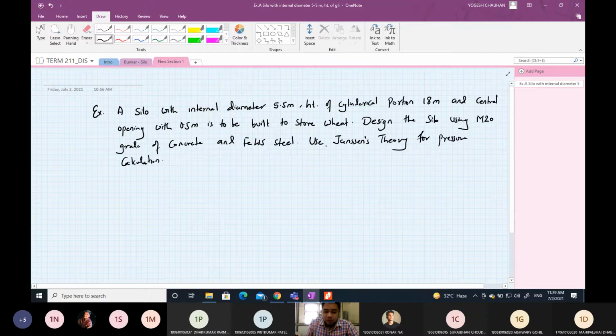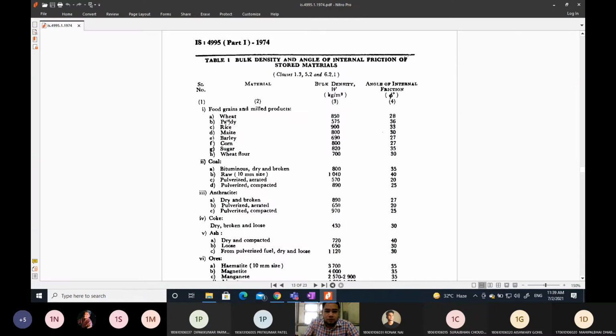Here we have been given the material as wheat. So from the code for wheat, the bulk density is 850 kg per meter cube and the angle of internal friction is 28. Sometimes it may be given in the data, or you may have to produce it from the code.